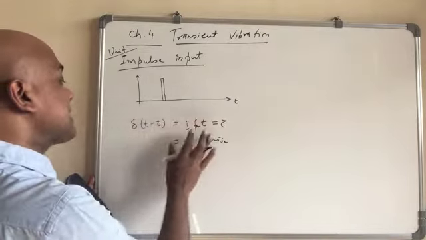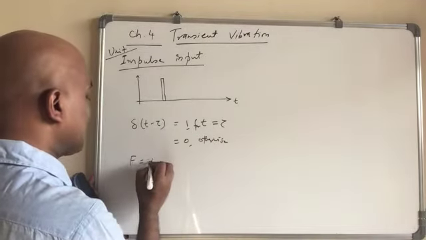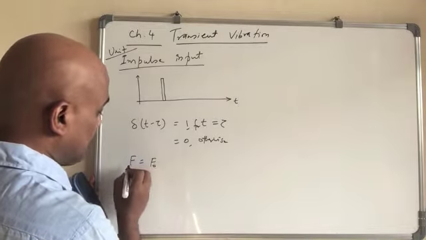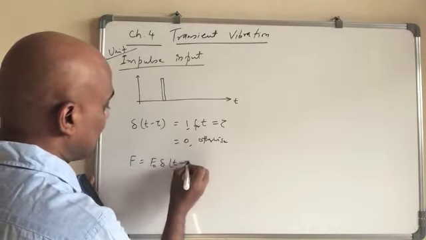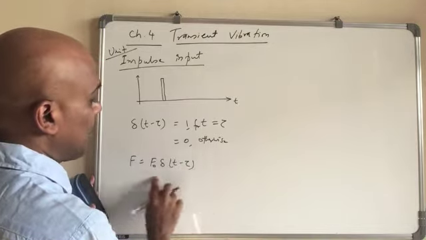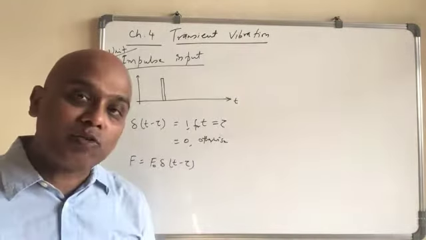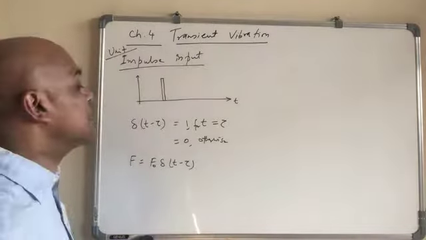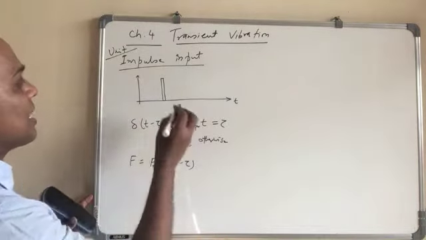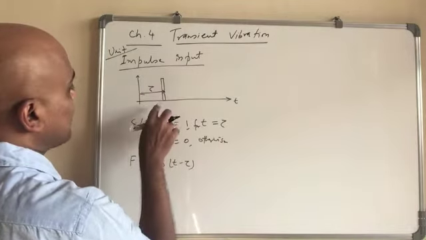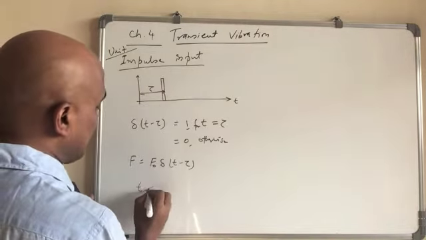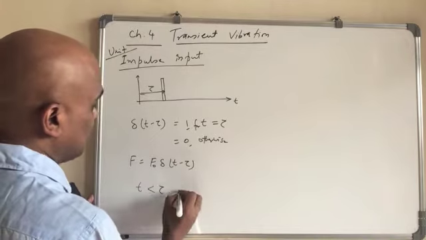Let us say the force is given, as I said in the example, as F equal to F naught delta t minus tau. If you have a force like this, how do we find the response? Now we will simplify. From here to here it is tau, so when t is less than tau, there is no vibration.